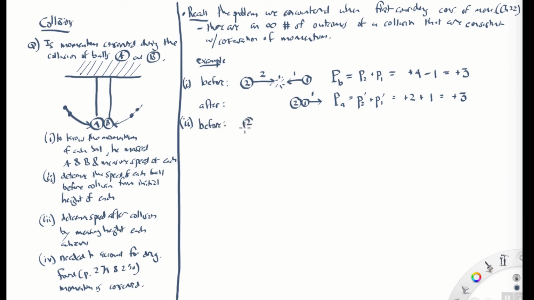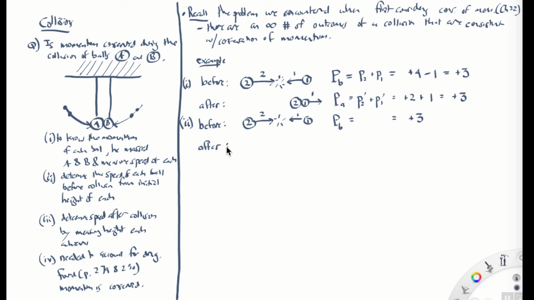Okay, but here's the point, there are other outcomes that are also consistent with the conservation of momentum. So again, if you have this ball of mass 2 moving to the right at speed 2, and it collides with ball 1, which is moving to the left with a speed of 1, once again, the momentum before the collision is going to be equal to plus 3. I'm not going to write all the same stuff again because it's redundant.